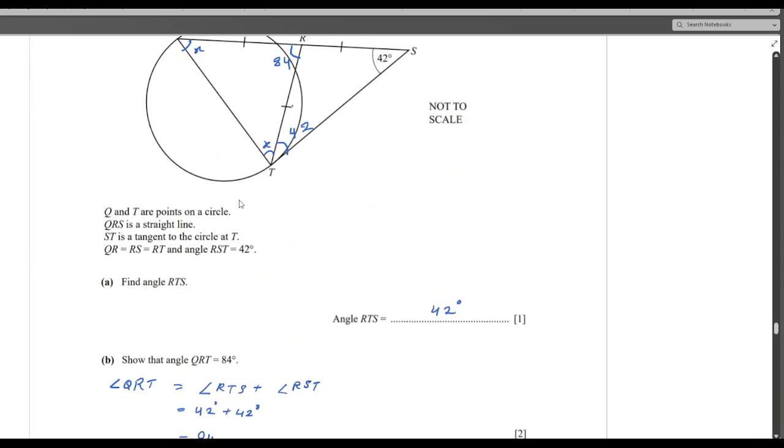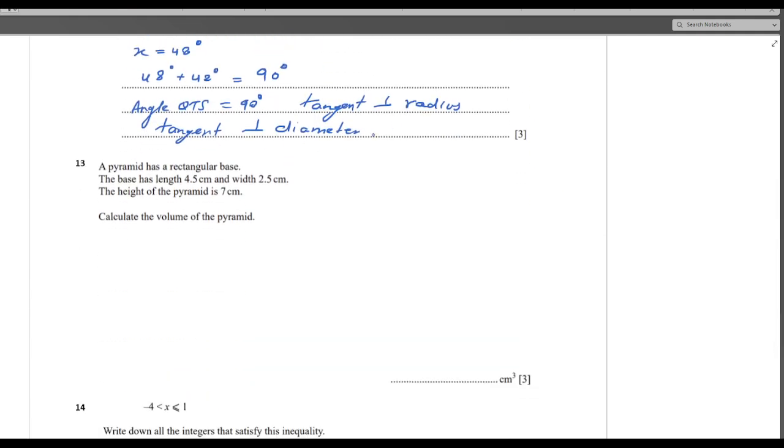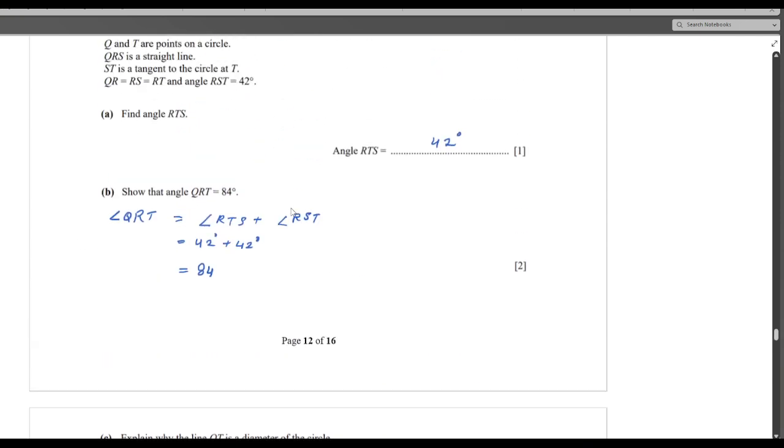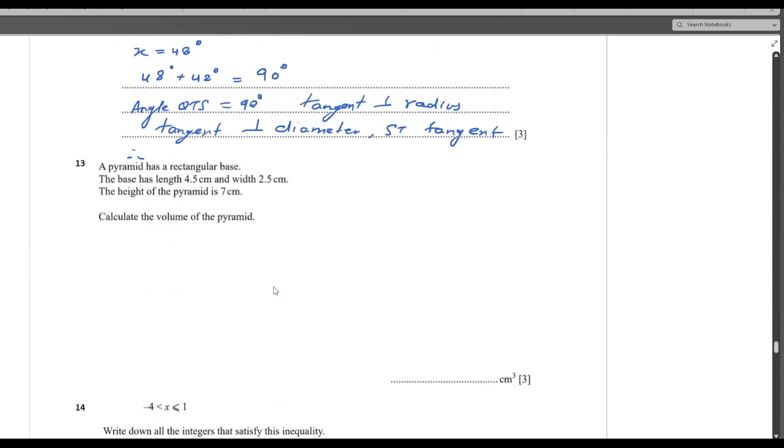ST is your tangent. So therefore QT, which is perpendicular to it, will be a diameter. So therefore your QT is a diameter.